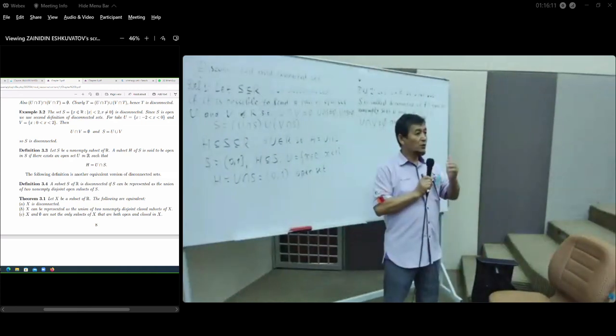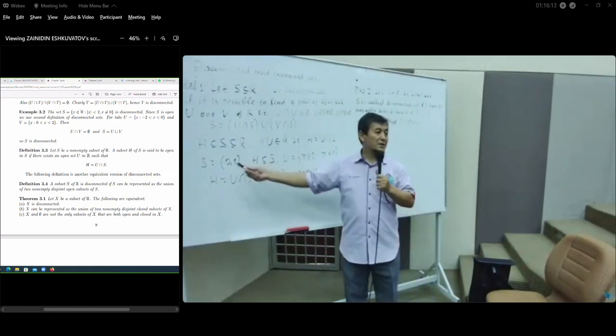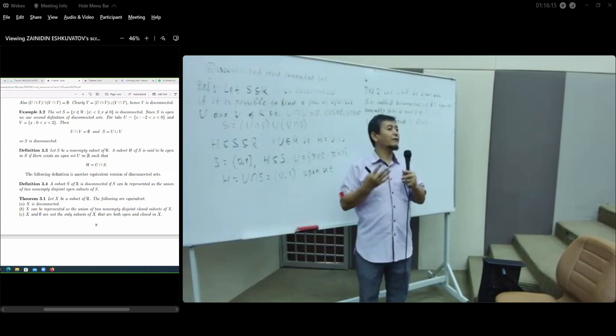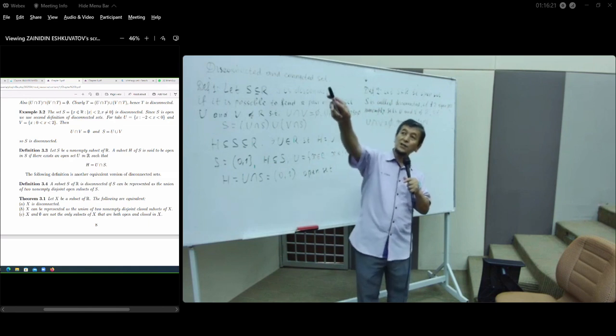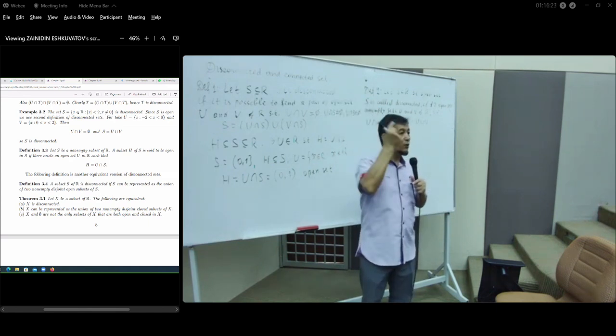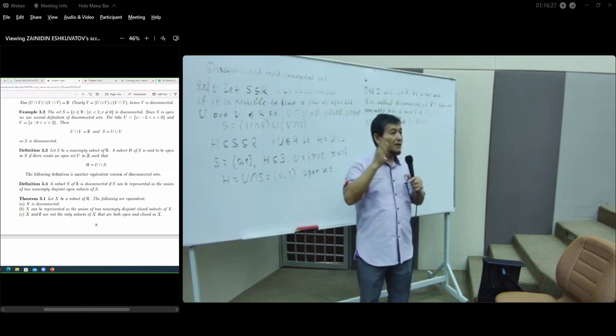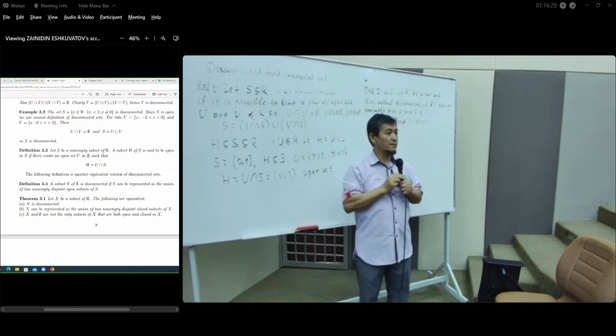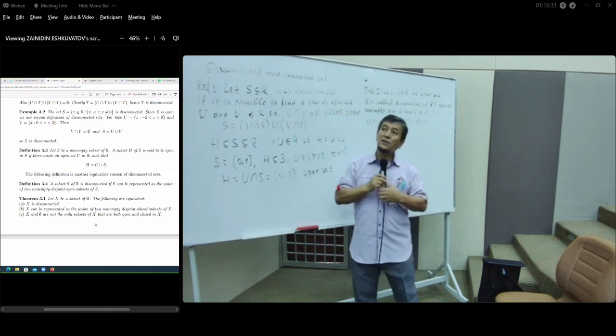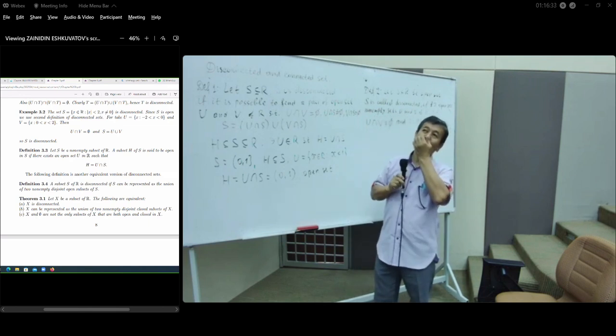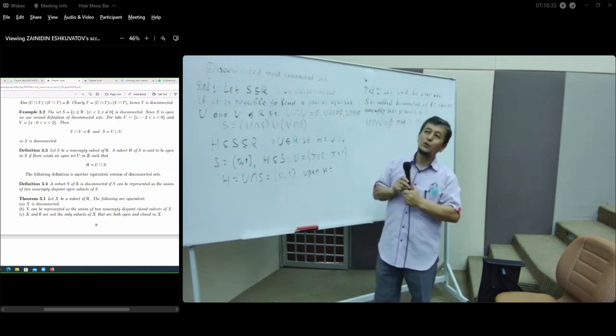S should be some kind of half-open interval, then we can construct it. If it is fully closed, it does not work. It says there exists one open set such that H can be written as the intersection of two sets. So this is another definition, and actually it is very difficult to use.